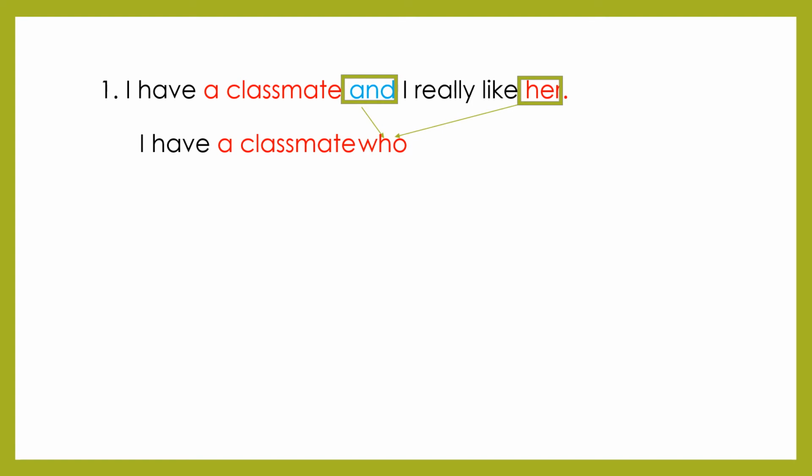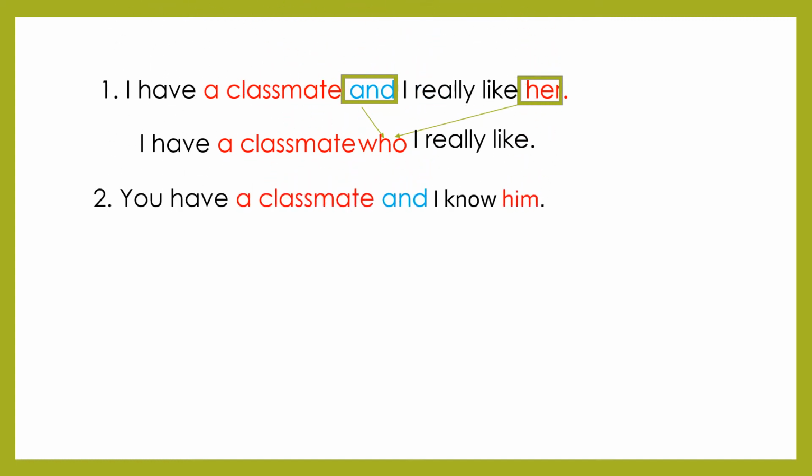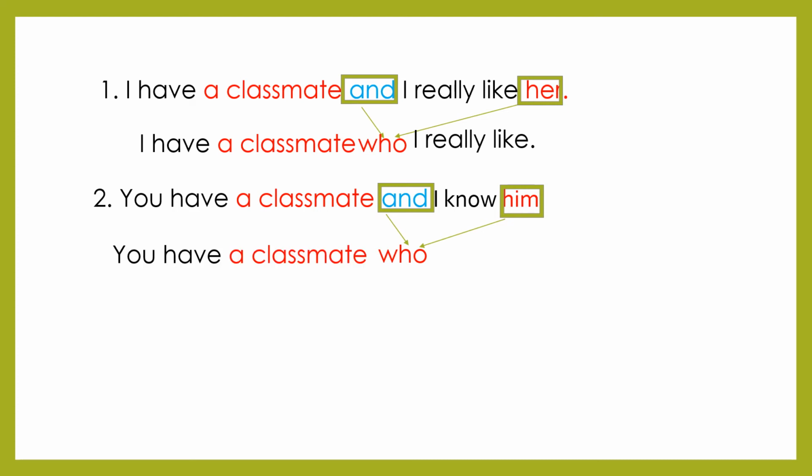And we can combine "and her" into one word, which is, you're right, who. And the rest of the sentence doesn't change. So the sentence we get is: I have a classmate who I really like. Okay, we don't have to say her because it's combined in who. I have a classmate who I really like.